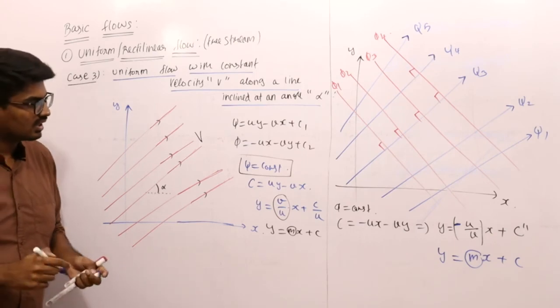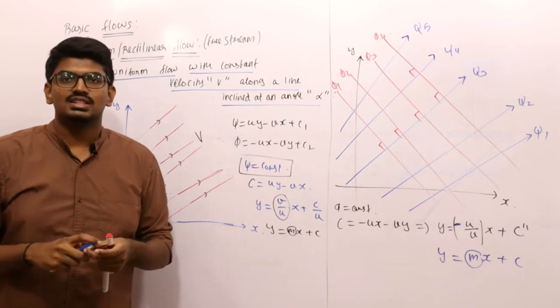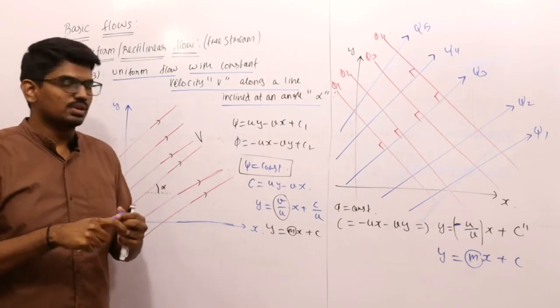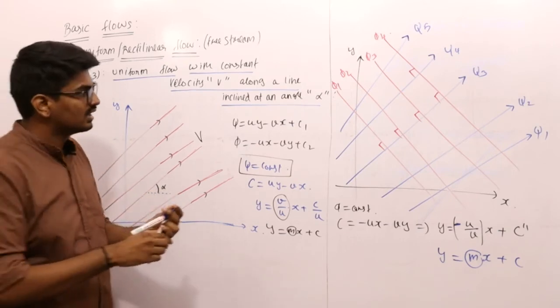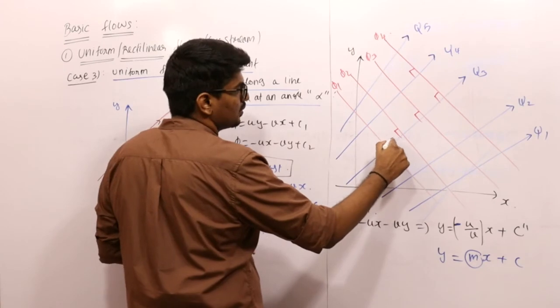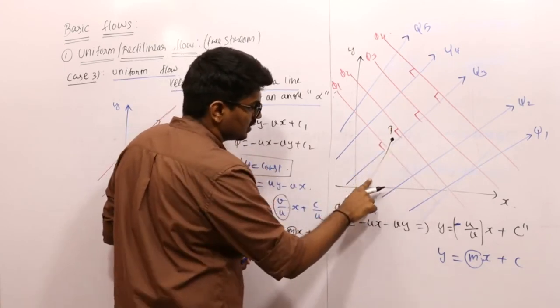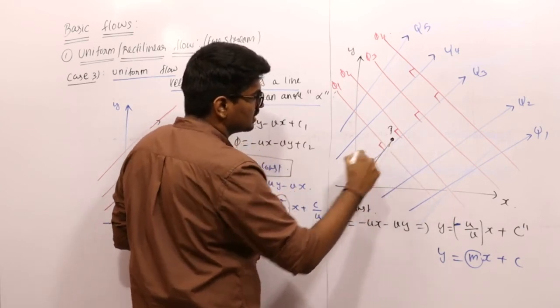Now if I want to convert these two into our general form, that is polar coordinate form, what I need to do, I'm not going to do it here, I'm just leaving it to yourself. Simply I will take some position vector p, and this is r.